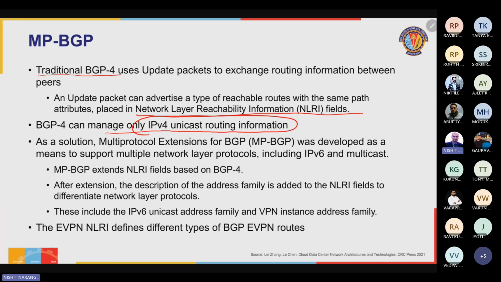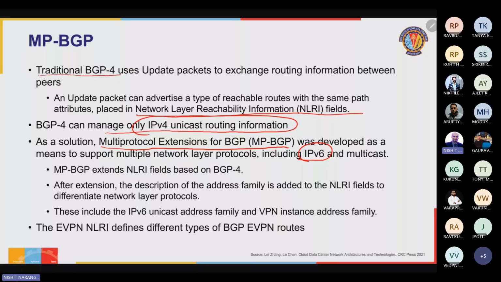But MPBGP was implemented as an extension to basic BGP, because the world started moving beyond IPv4 to even IPv6, and I can have even other network layer protocols as well. So as IPv6 came in, BGP4, which was designed for IPv4, could not be used. So an extension to BGP was designed, which was called multi-protocol extensions for BGP or MPBGP.